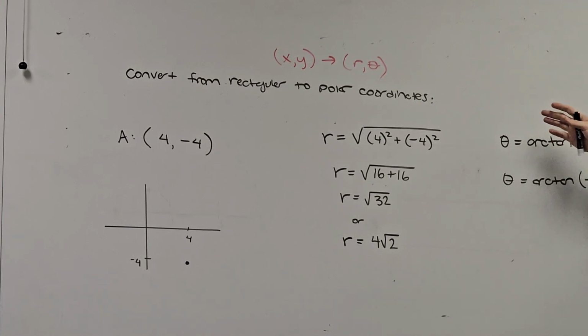But if the question says something like round to the nearest tenth, for this arctangent you'll just have to whip out a calculator and get a decimal. Now, for some of the ones I'll show you today, we'll make sure that we understand the unit circle. This is saying arctangent of -1. You have to ask yourself, where on the unit circle is tangent, the y coordinate divided by the x coordinate, -1?